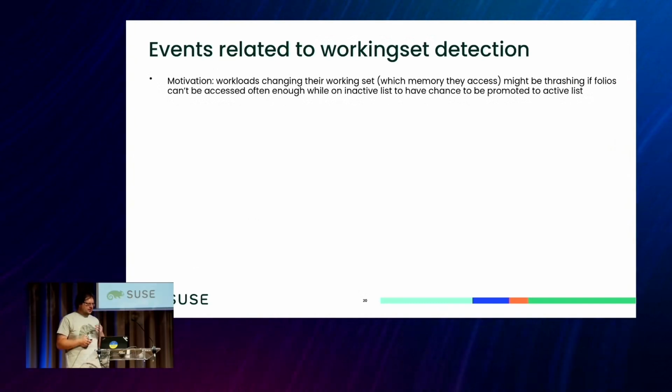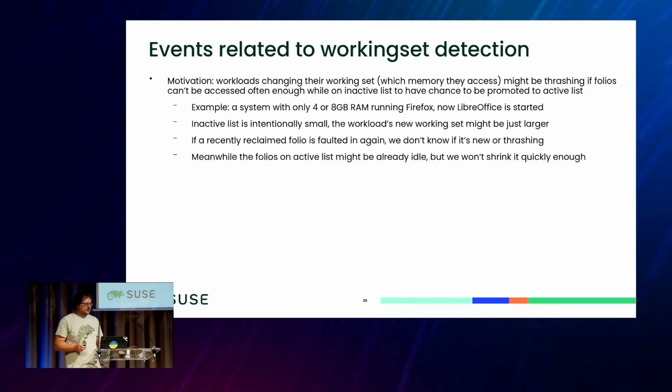Now there are counters related to something called working set detection that are a bit more tricky. So just a high-level overview. Imagine you have a lower end system with only 4 or 8 gigabyte RAM. You run Firefox, it fits well, but now you want to start LibreOffice, another large application, and they don't both fit well in the memory, but each of them alone would.